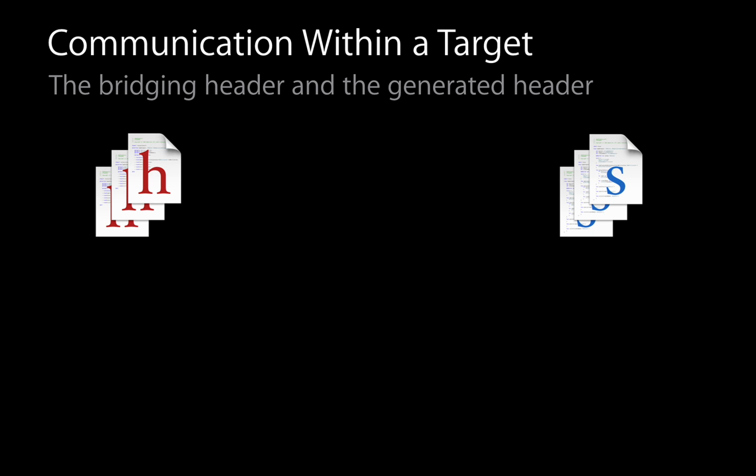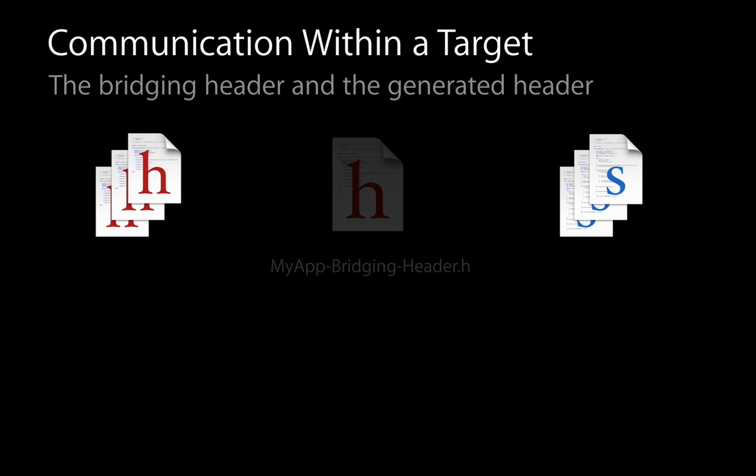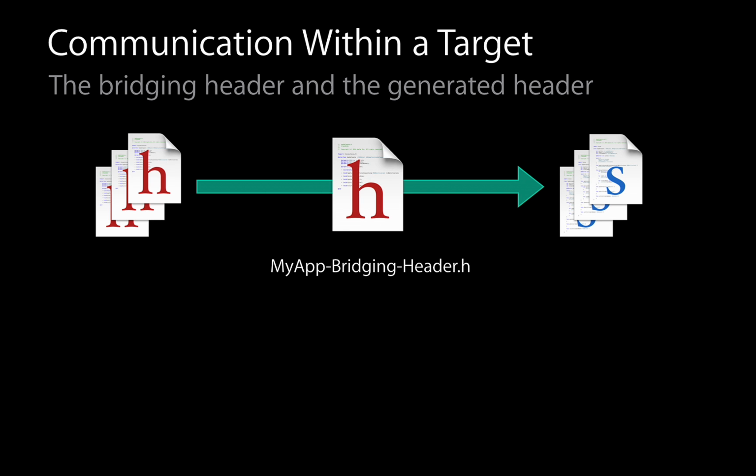So just to reiterate a little bit more, when we want to go from our Objective-C headers and make our Objective-C objects available to Swift, we're going through the bridging header. This is going to be created. Xcode will offer to create this for you automatically when you add a Swift file to an existing Objective-C target or an Objective-C file to an existing Swift target.